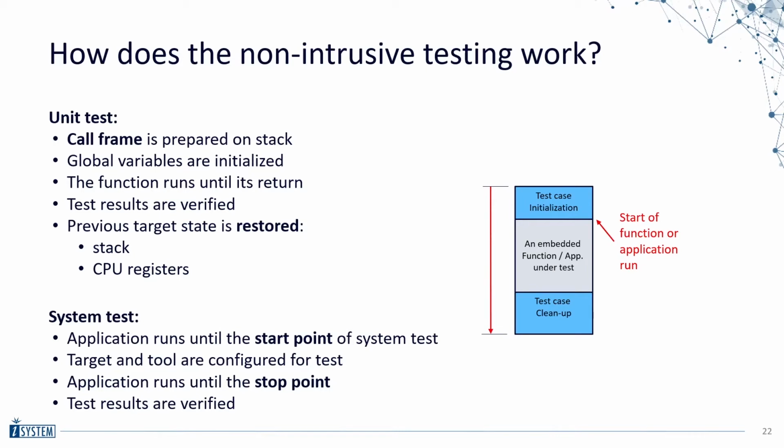In order to perform a unit test, testIDEA prepares a call stack frame for the function under test, and function attributes are pushed onto the stack. testIDEA then starts executing the function under test with a call from the stack, and the embedded software starts running until the function returns.